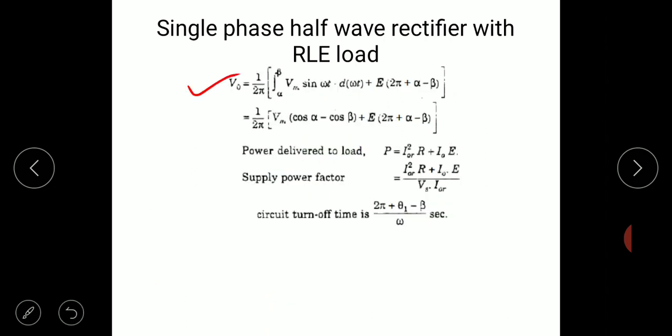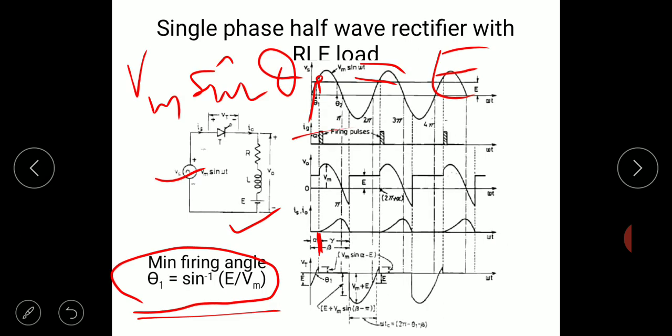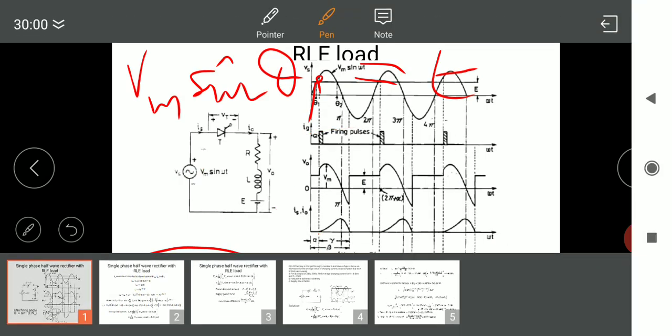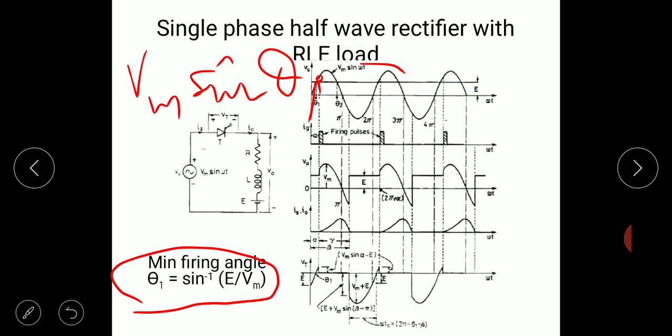Coming to V0, you can see that V0 between alpha and beta can be determined by simply integrating Vm sin omega t d omega t, and the duration where the voltage is capital E, the voltage will be capital E multiplied by this duration, and this duration is 2 pi minus beta plus alpha.